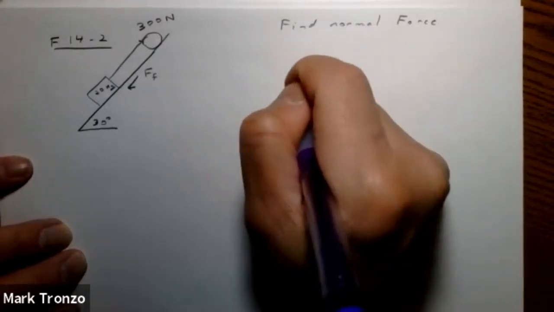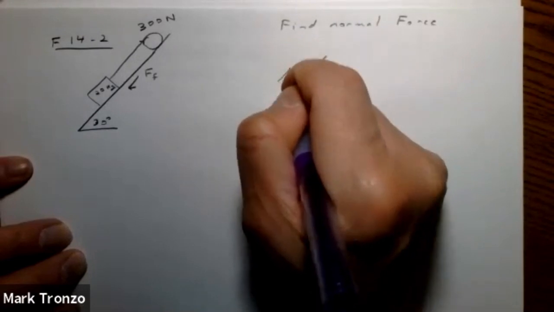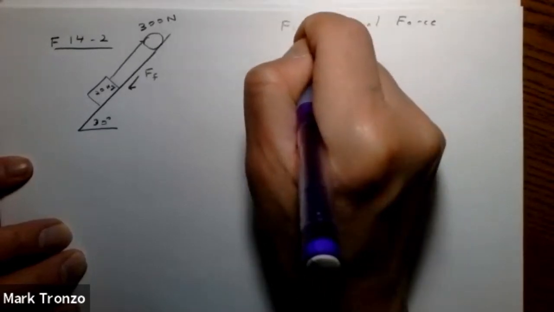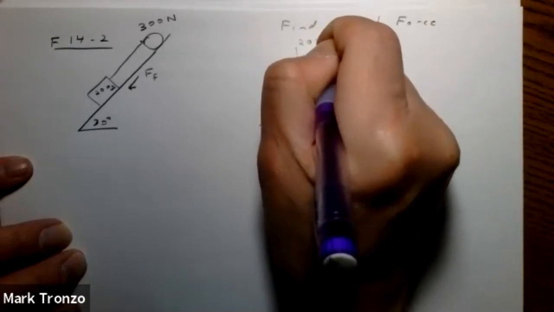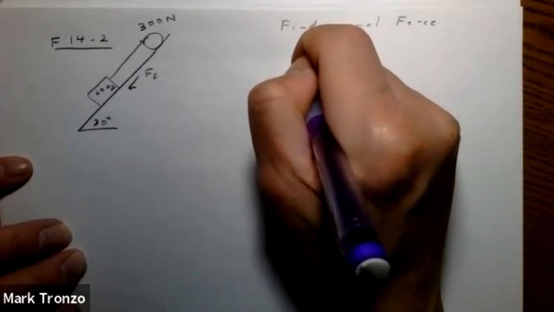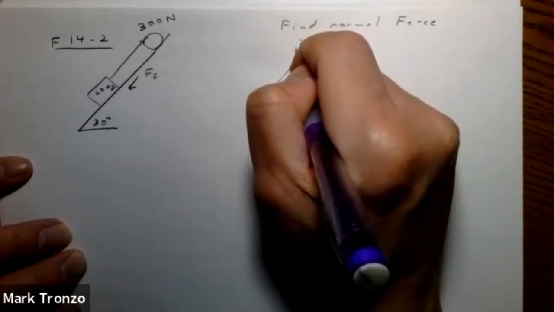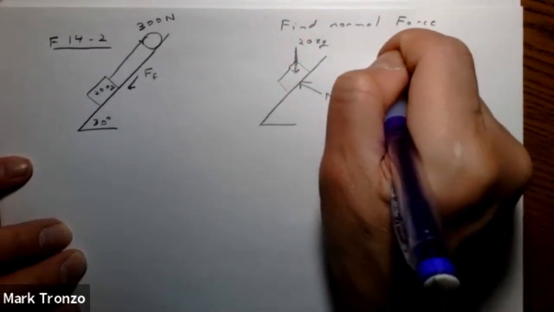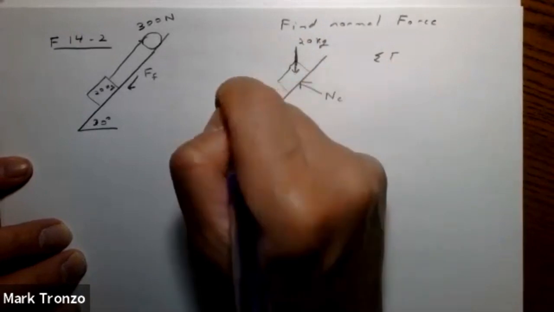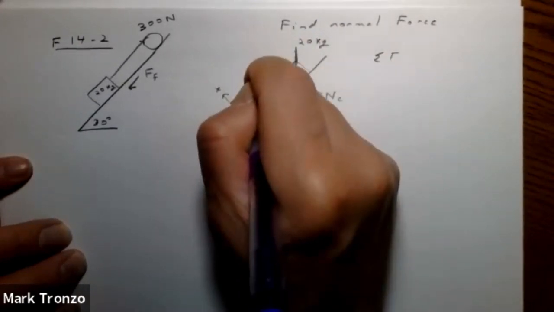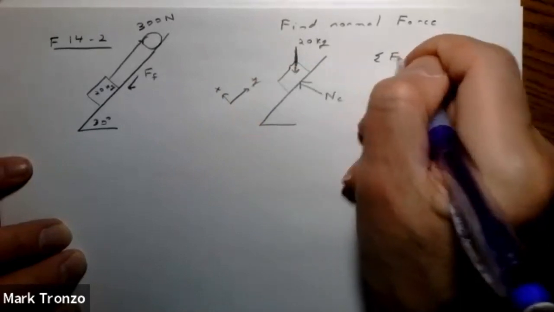And we have this box here, 20 kilograms pushing down. And so if we want to find the normal force, we have to sum the forces. Again, if we go X, Y, sum the force in the Y direction.